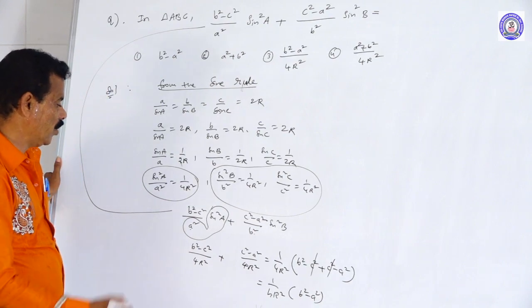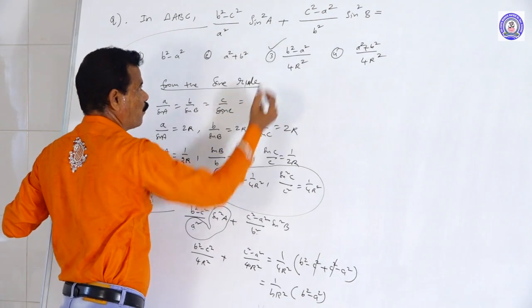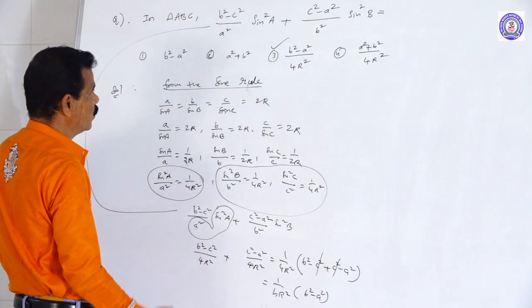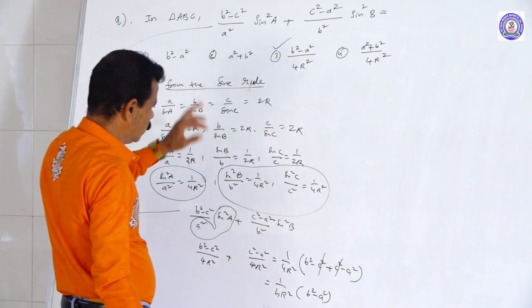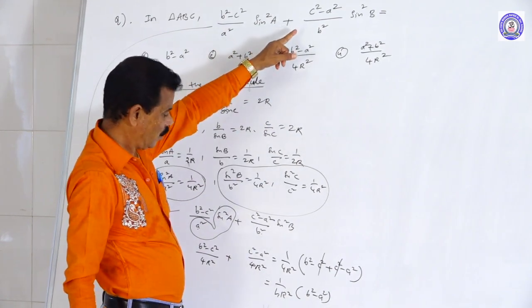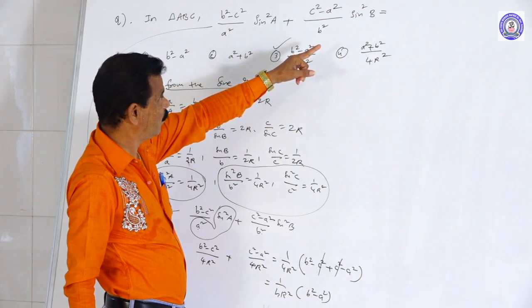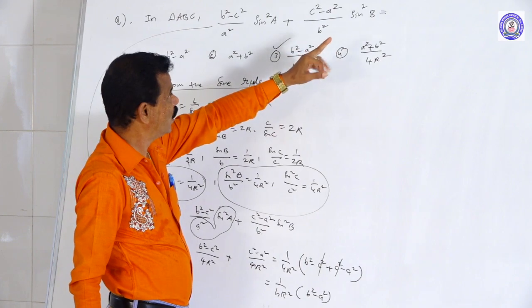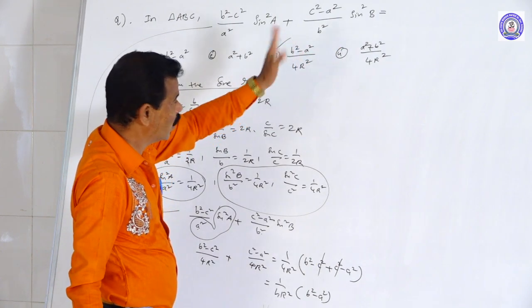So here, according to the options, the third option, (b² minus a²)/4R². In another way, it is also possible to write another value.